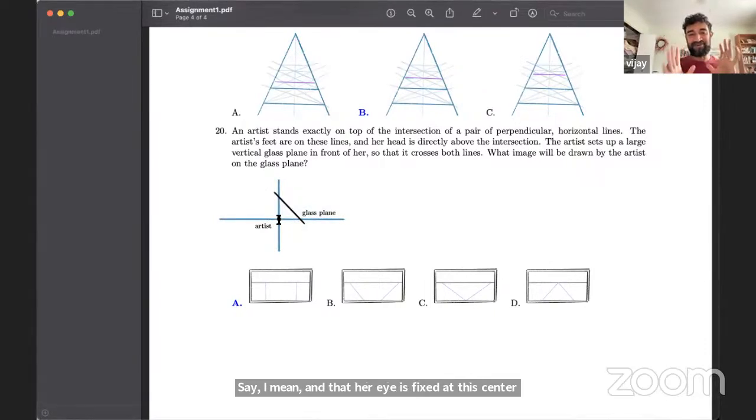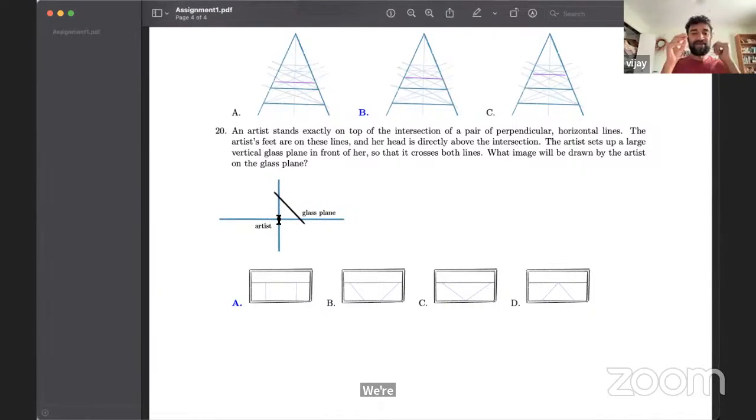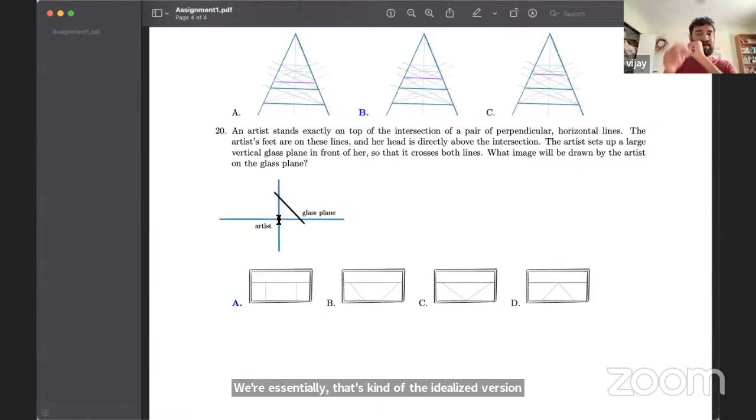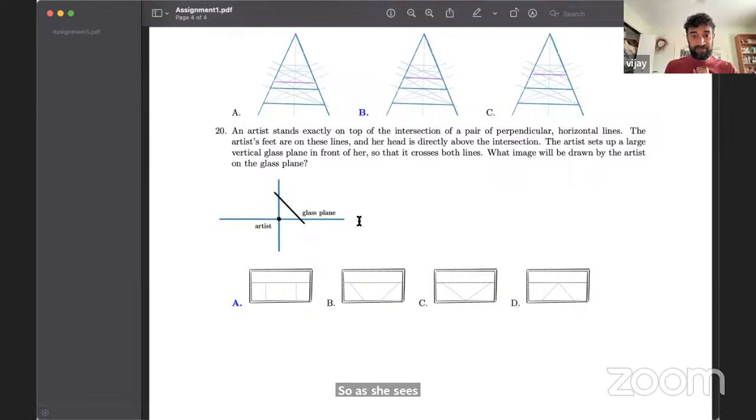That's kind of the idealized version of this thought experiment. So her eye is fixed at that center point, and what she draws on the glass plane is exactly what she sees. So if she's viewing these blue lines on the ground plane, she's just going to draw them exactly as she sees them.